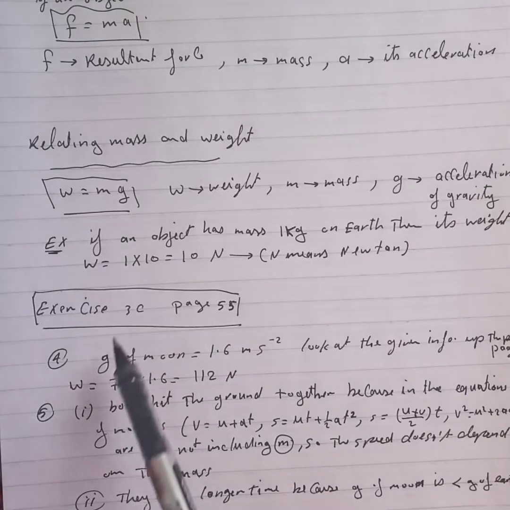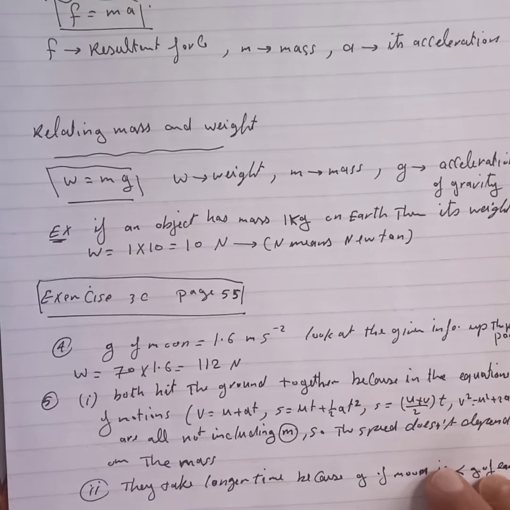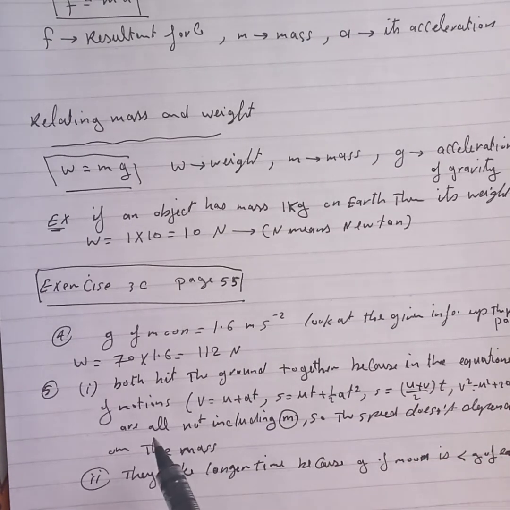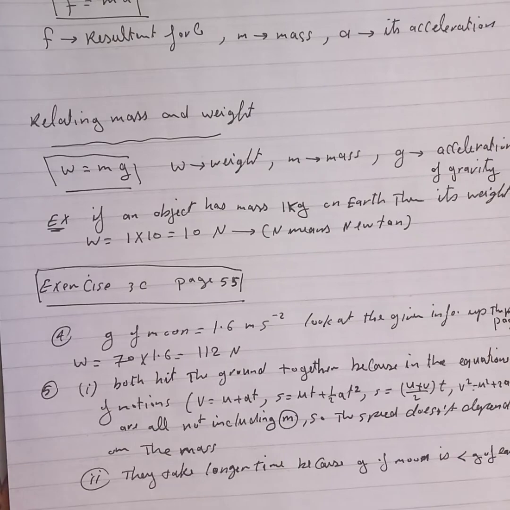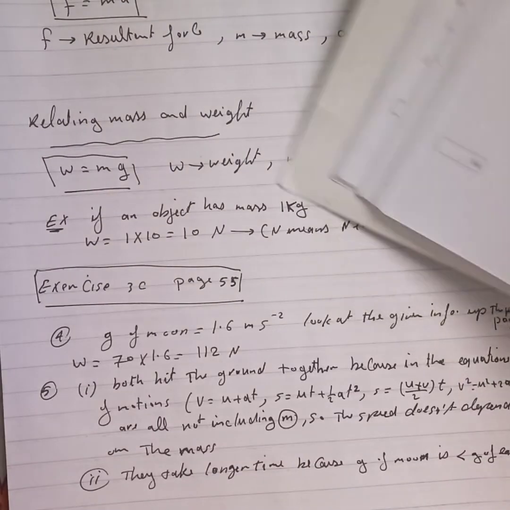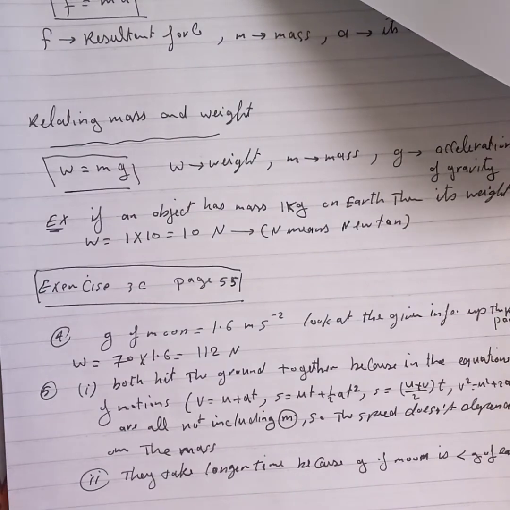And we have this exercise 3C, page 55. I have selected 2 problems, 4 and 5. They are easy ones. Number 4 asks what force an astronaut of mass 70 kilograms would experience while standing on the moon.